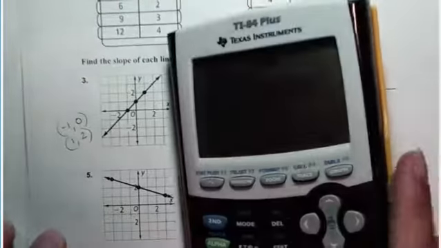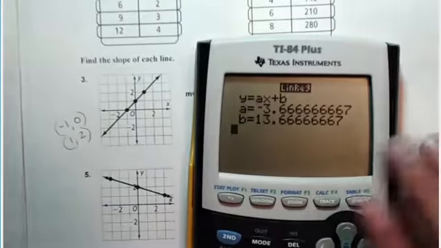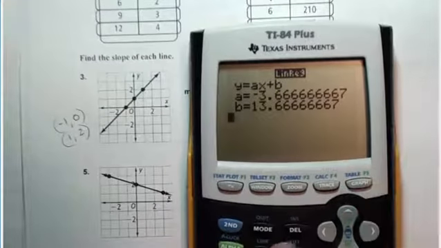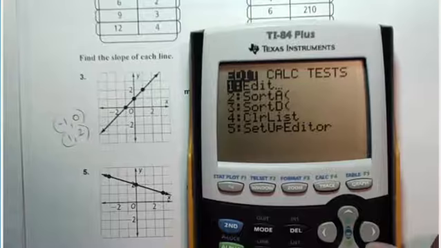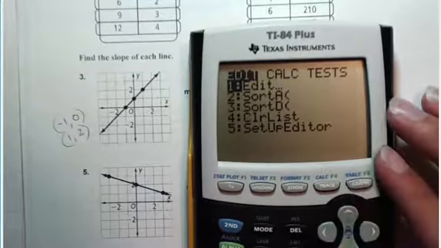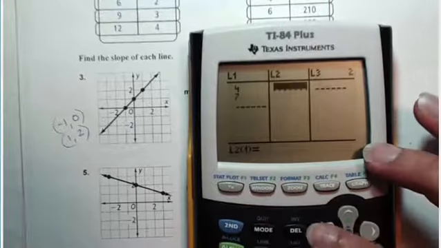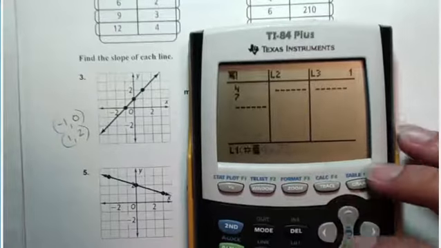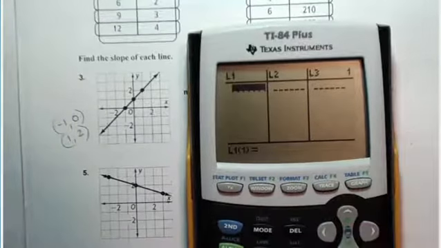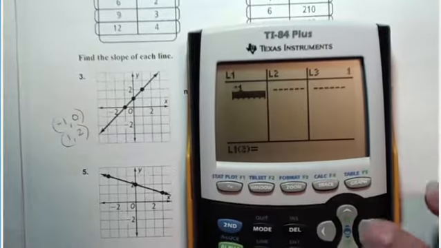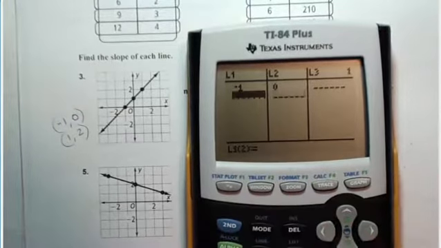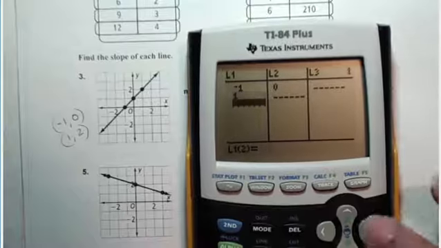Okay, go ahead and use your calculator to figure out the slope for these 2 points. So I'm going to go to stat. You can move ahead of me if you want. Clear what I have. I'm going to enter in my points. -1, enter, 0, and 1, 2.